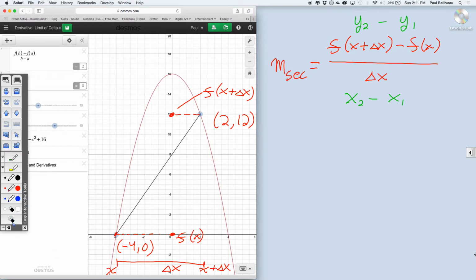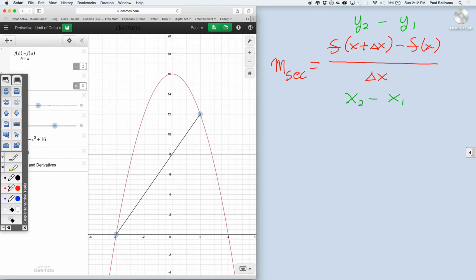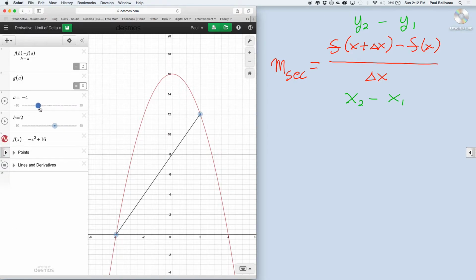So let me show you what I mean by that. I'm going to erase some of this. Now let's see. Let's move these sliders around. Let's move my A value up to here. Let's move my B value down to there. And incidentally, up here, I have f of b minus f of a, again, y minus y, divided by b minus a, x minus x.